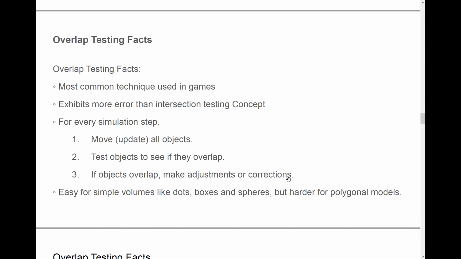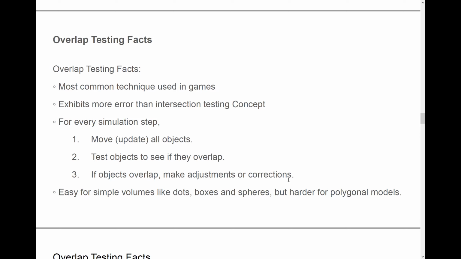Now look at overlap testing. This is the most common technique used in games. And it causes more error than the intersection testing concept. So for every step, we update all the objects, test the objects to see if they have overlapped.